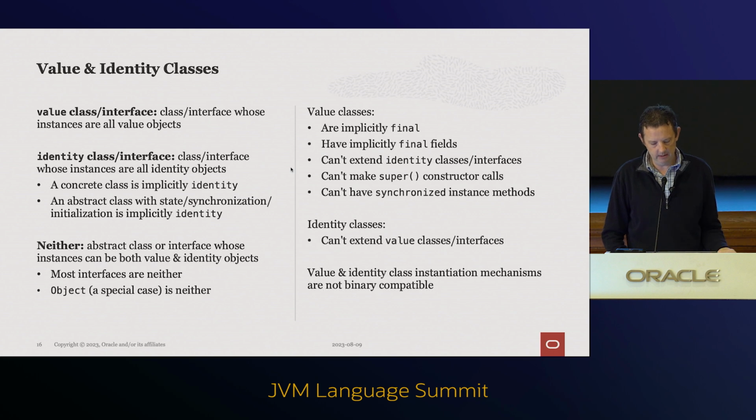Has to do with finality and construction and synchronization. Identity classes, there's just the restriction that you can't extend a value class with an identity class. And then because there's a different construction mechanism, that's the one area of incompatibility that we have in value class binaries versus identity class binaries. If you try to switch from one to the other, your constructors will be invoked in the JVM differently.